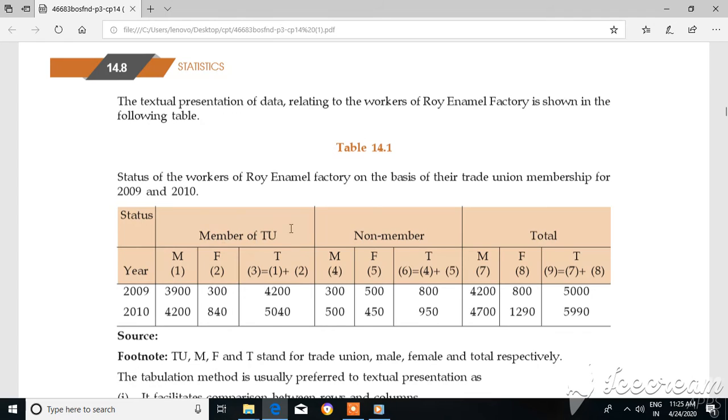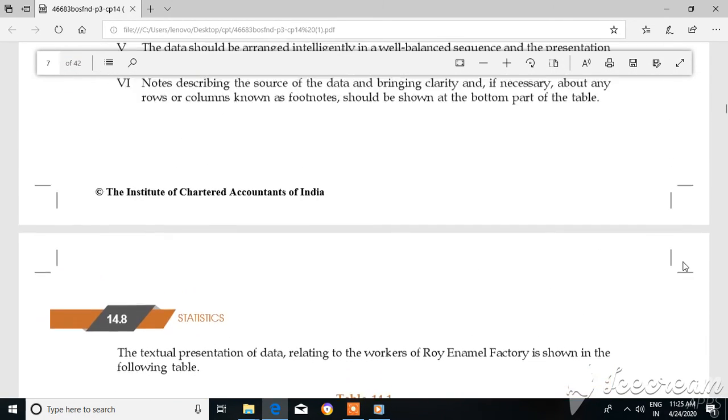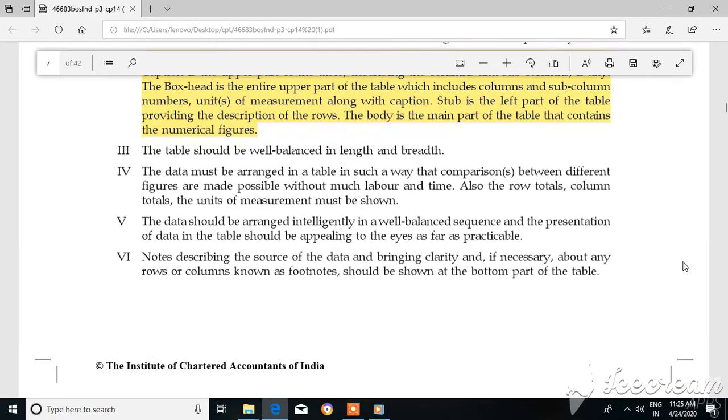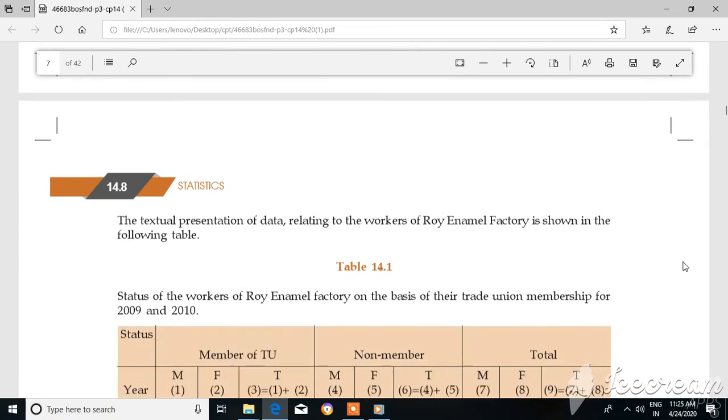So, here members of TU, here non-members of TU, and here it is total. Here they have given year, 2009, 2010. So, what is this called? This is, I think, the caption. One minute, I will check. No, sorry, it is not caption, it is stub. Yes, it is stub.